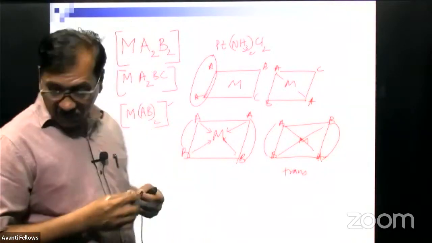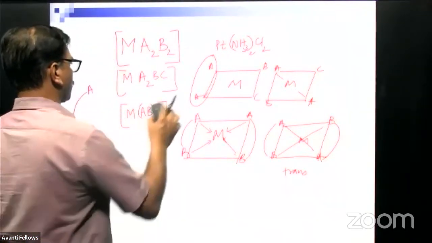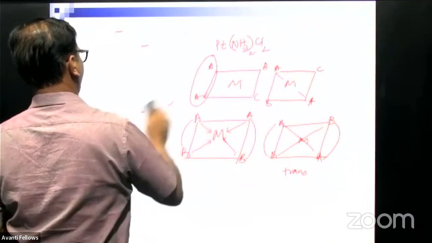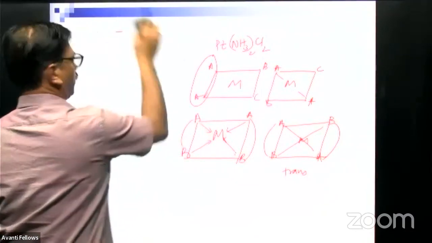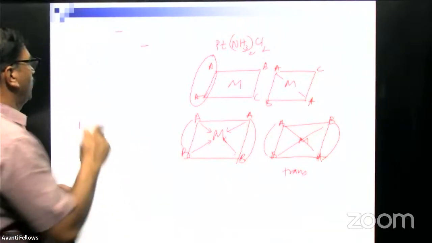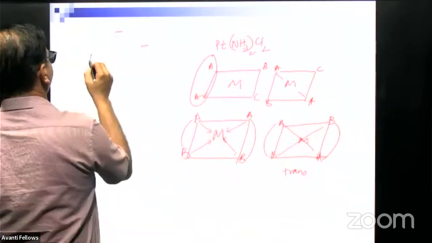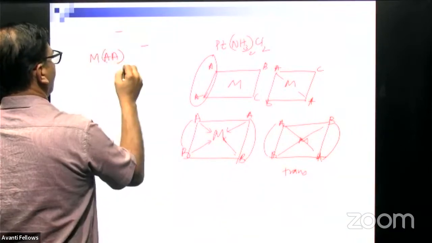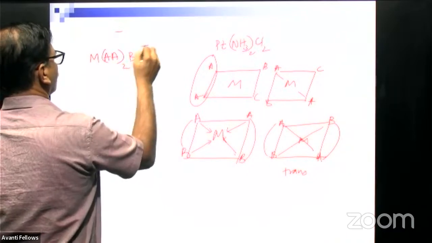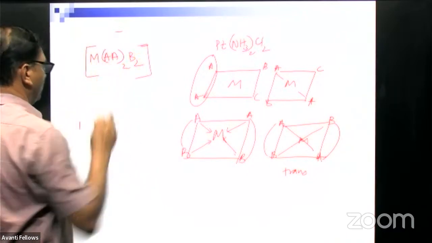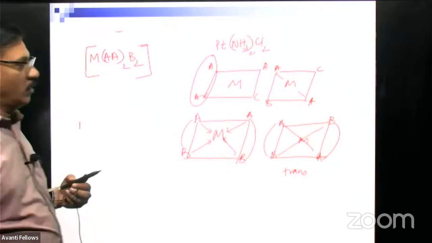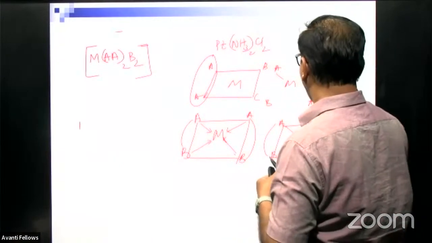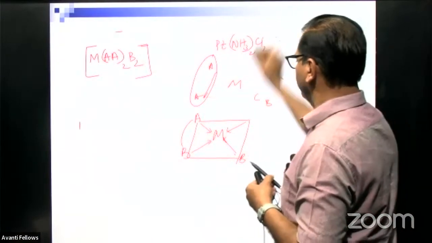Now, M, AA2, B2. If this is the complex MAA2B2, what is the coordination number of this particular complex?